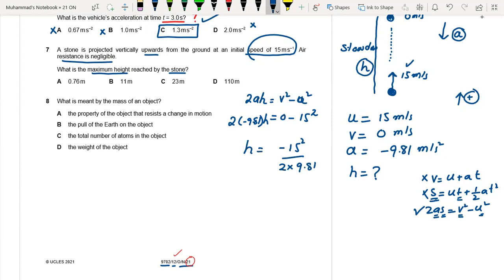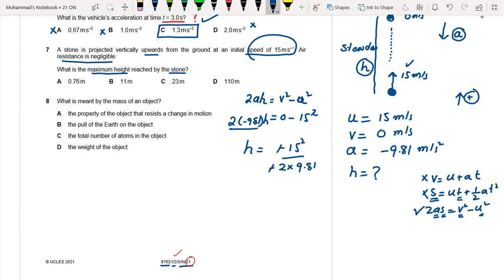We will bring this factor to the other side to make h the subject. So this negative sign will cancel out. That is 15 square. Let me simplify this. 15 square divided by 2 into 9.81.